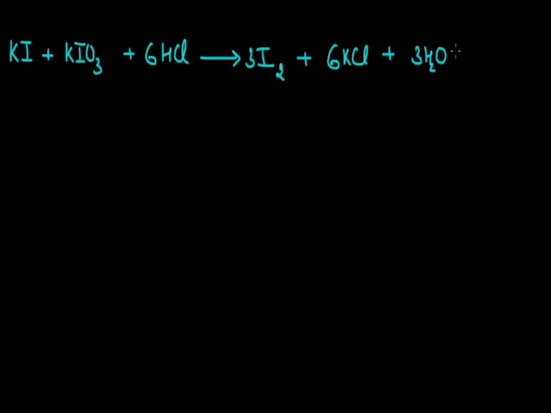Now if I talk about the oxidation or reduction, if I am to identify which one is going to oxidize or which one is going to reduce, it's a difficult task here, since a lot of atoms are going to interchange. So here we will be using the oxidation number concept.